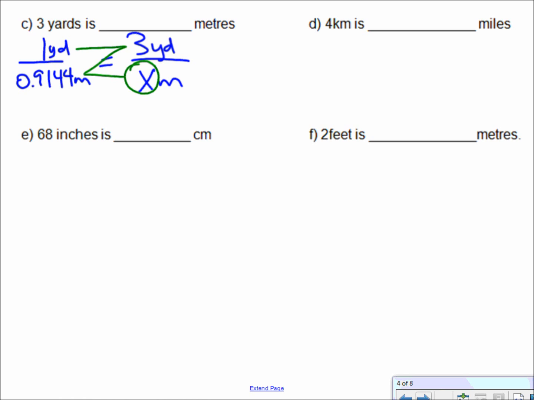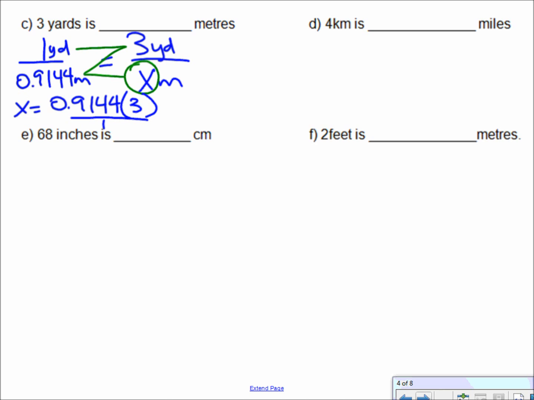So, in this case, it would be X equals, the first number I hit is 0.9144. The next one I hit is 3. So those 2 get multiplied. Then I divide by the third, which it hits last, the 1. Pardon? No, it doesn't. In this case, it doesn't, because a 1 is a 1, right?